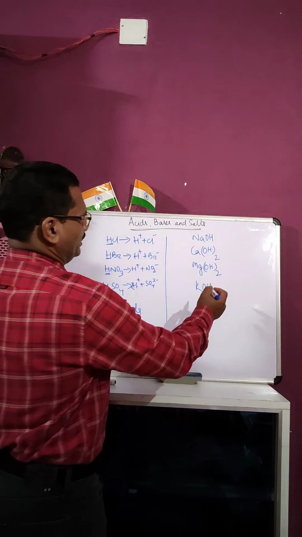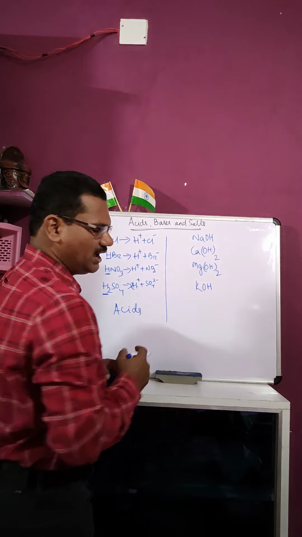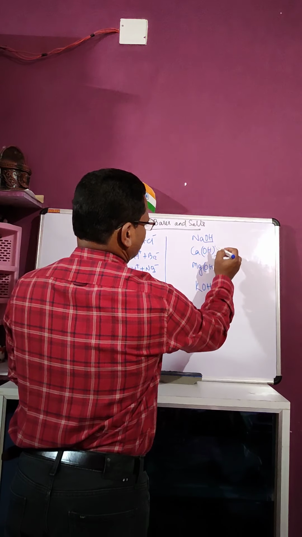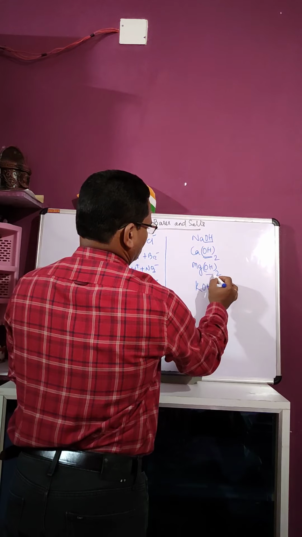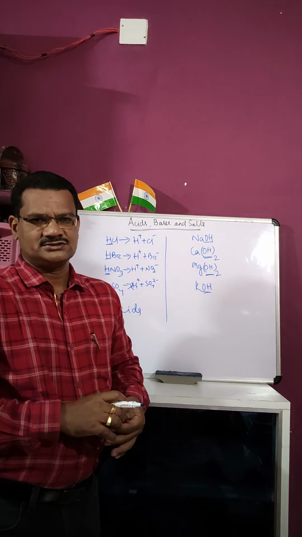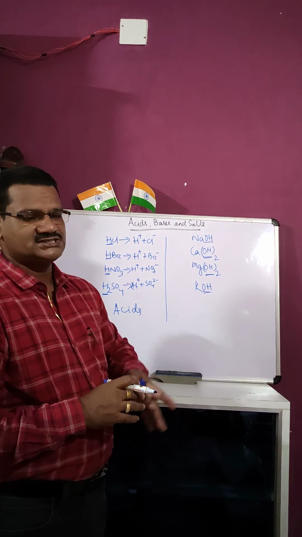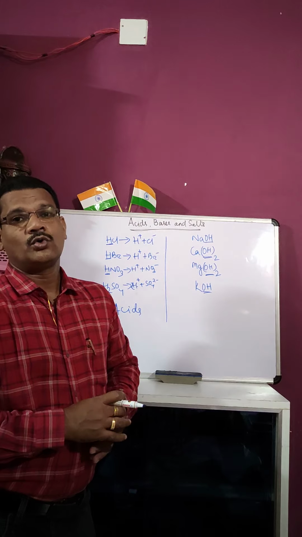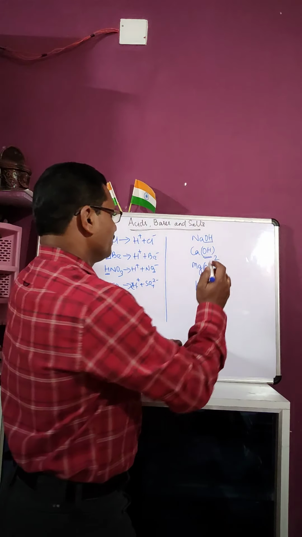Similarly, what do these four have in common? Here we have OH, here also, here also, here also. These are OH minus ions. These substances on dissociation in water will produce OH minus ions.